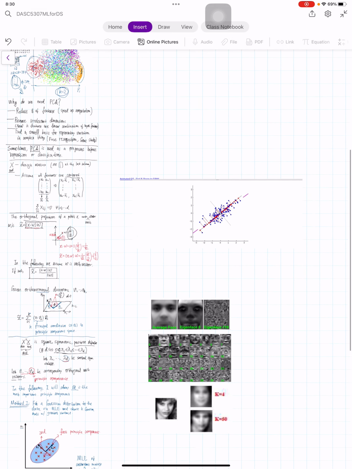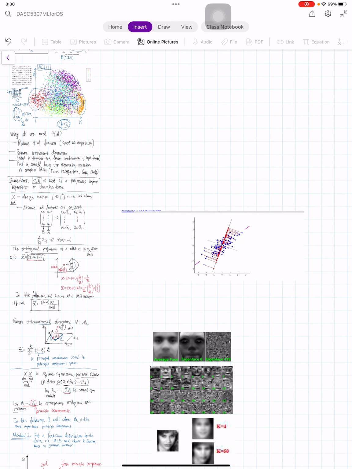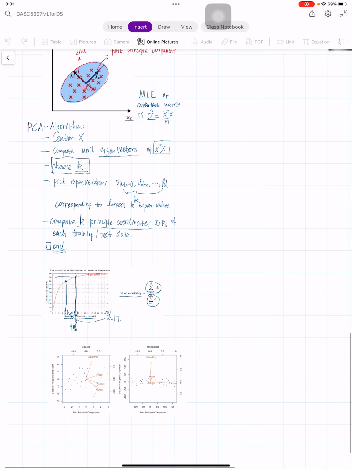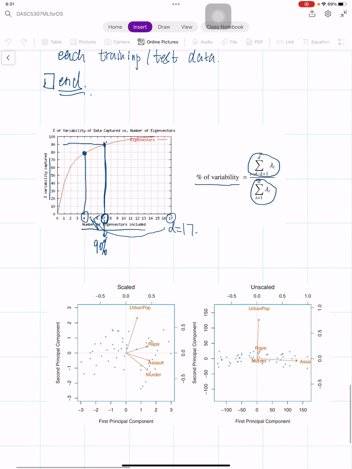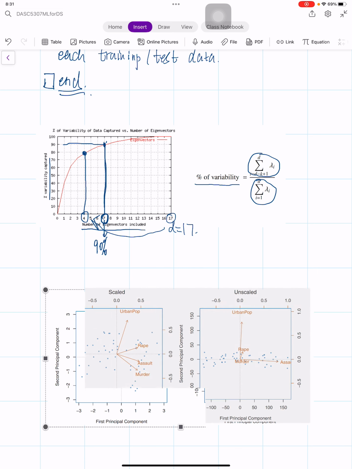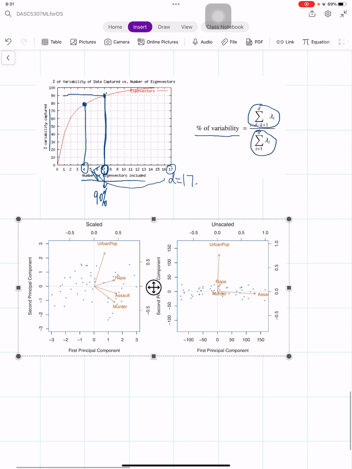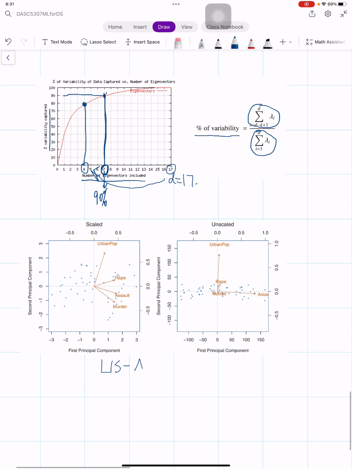Maybe I cannot find that picture, so I can just use this one. This plot shows the US arrest data.